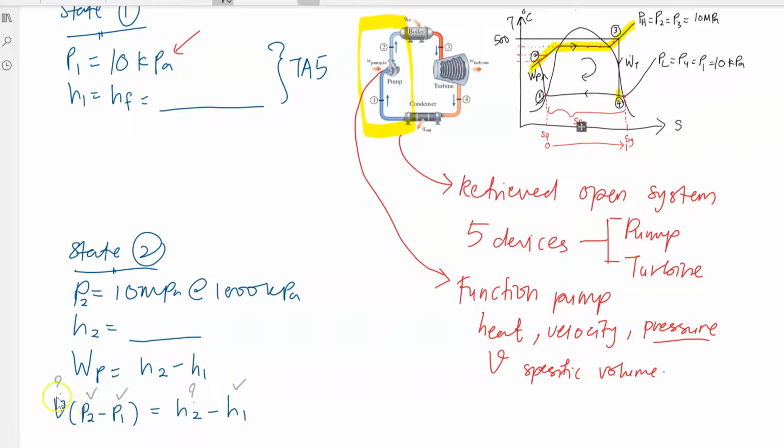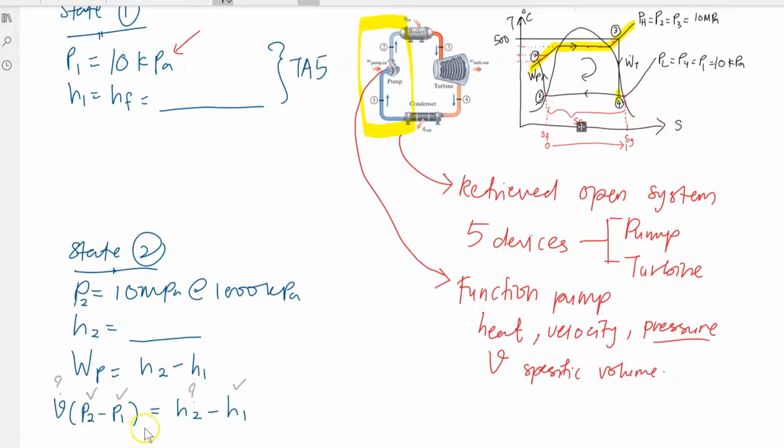And then what about your V here? And why is it we don't write 2 or 1? Okay, again, we go back to the function of the pump. Basically, this pump is just to pump the fluid from the condenser to the boiler, so the specific volume is the same, right?